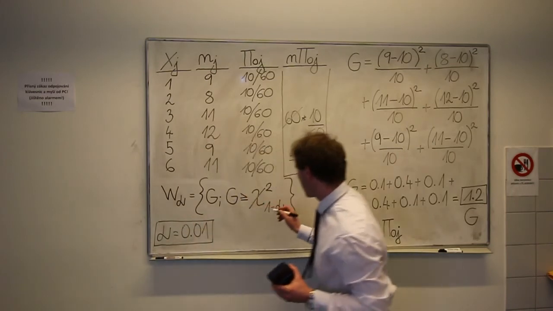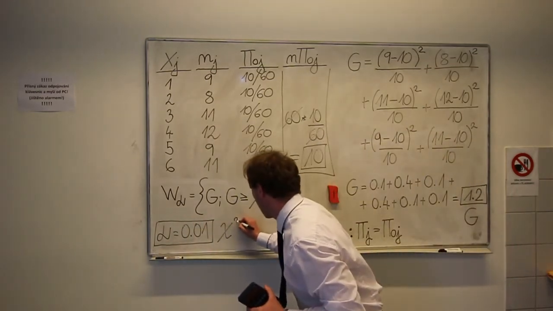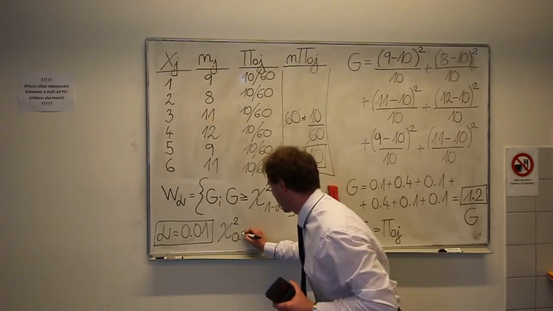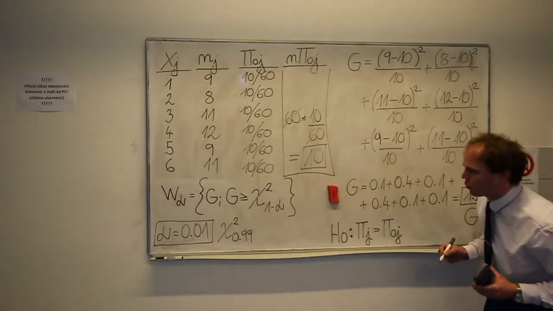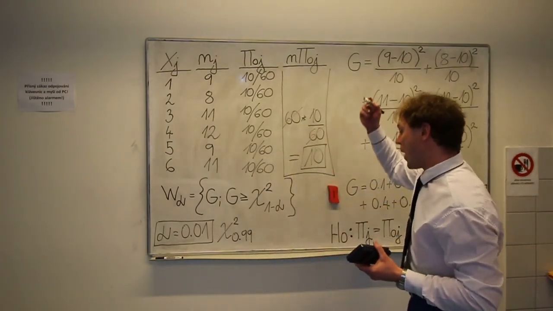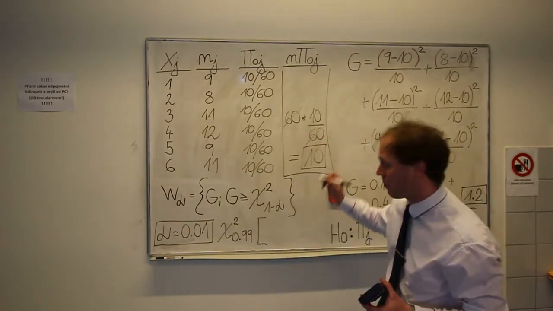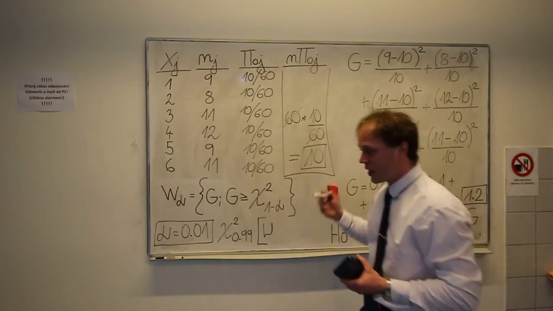Therefore, we must find in the tables the chi squared quantile 0.99, the 99% chi squared quantile with degrees of freedom ni.